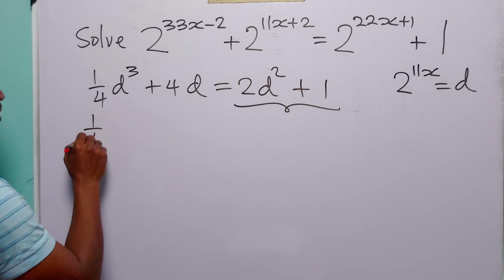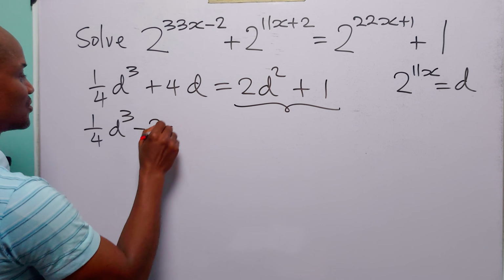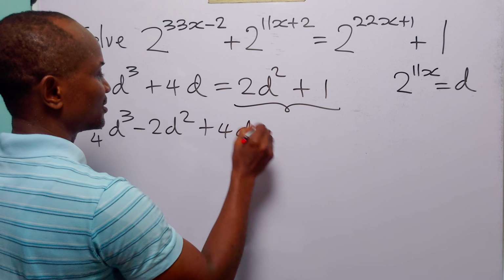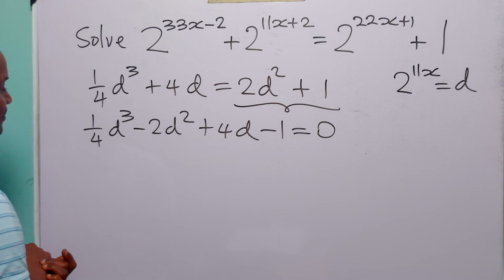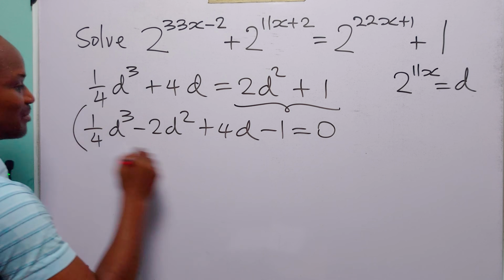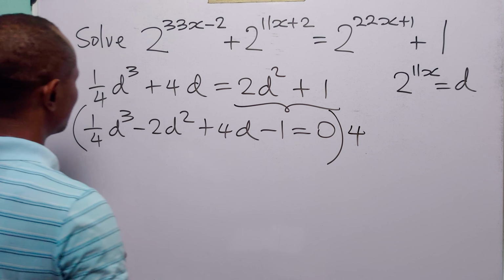When we do that, we have 1 over 4 d cubed minus 2d squared plus 4d minus 1 is equal to 0. Now, to get rid of this fraction, we are going to multiply through this equation by 4.